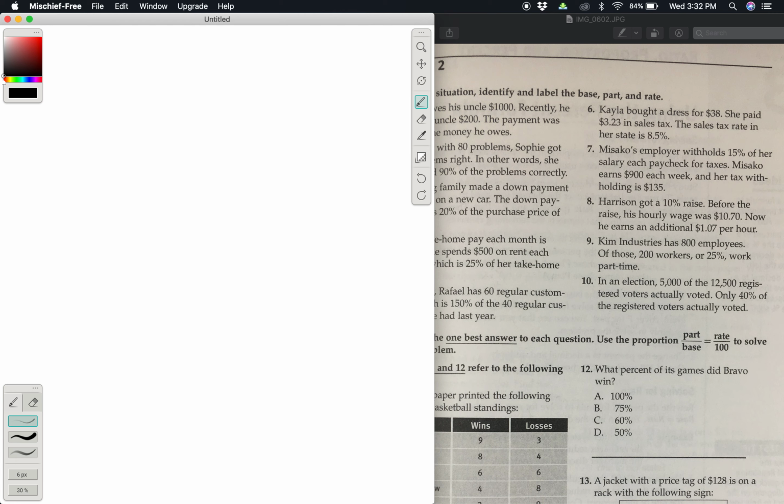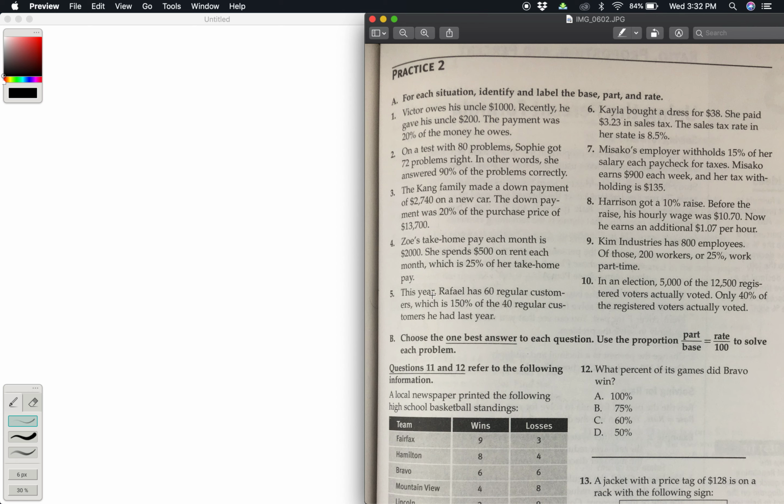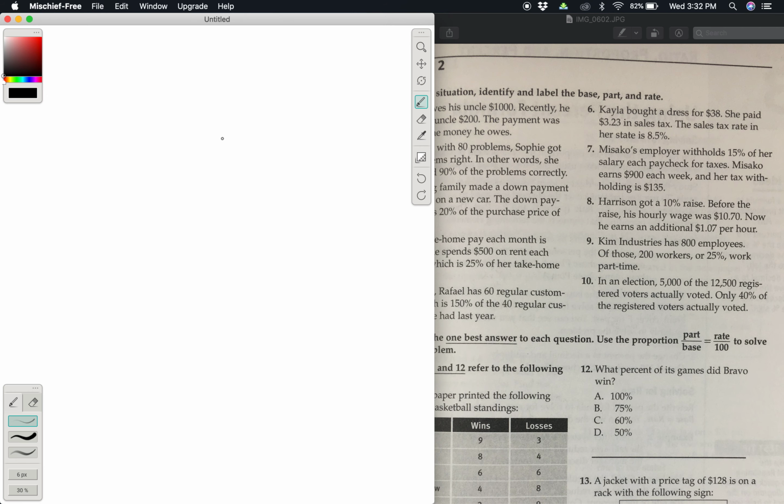Number 10 here is, in an election, 5,000 of the 12,000 registered voters actually voted. So the reason this one's not as strange as the one that was number 5 over here, but it does show the base before the rate, the part before the base. So I thought some of you might get confused.